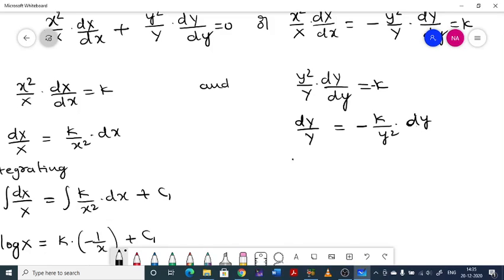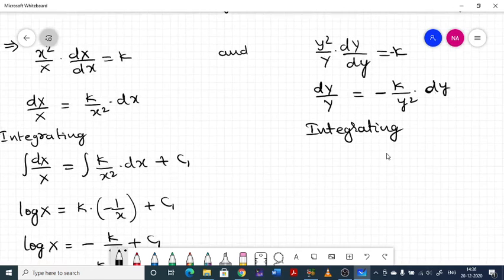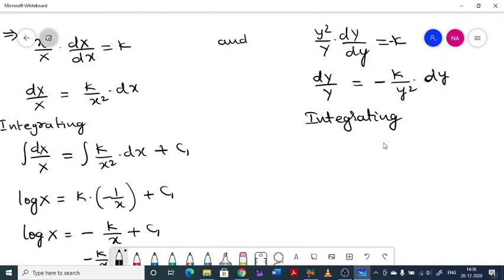Now integrating. So integrating this will get integral d capital Y by y equal to minus under integral sign k by y square dy plus constant c2.